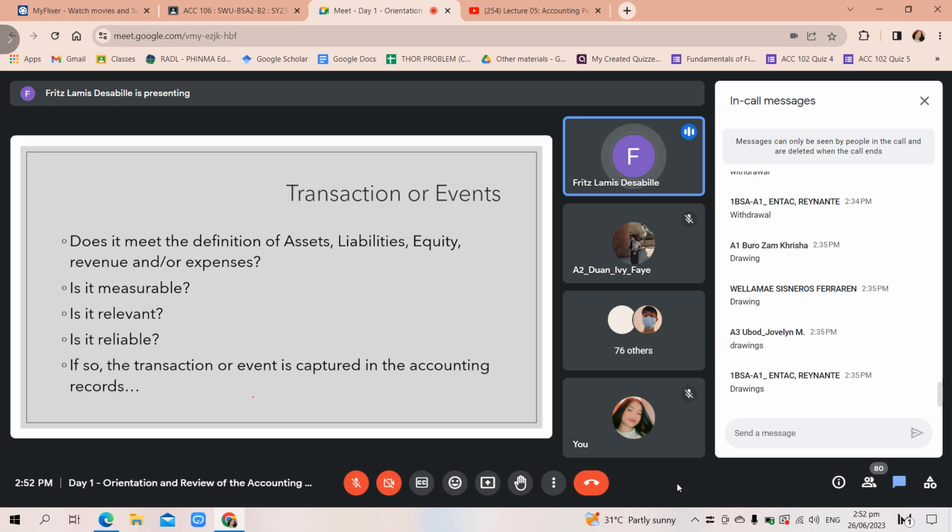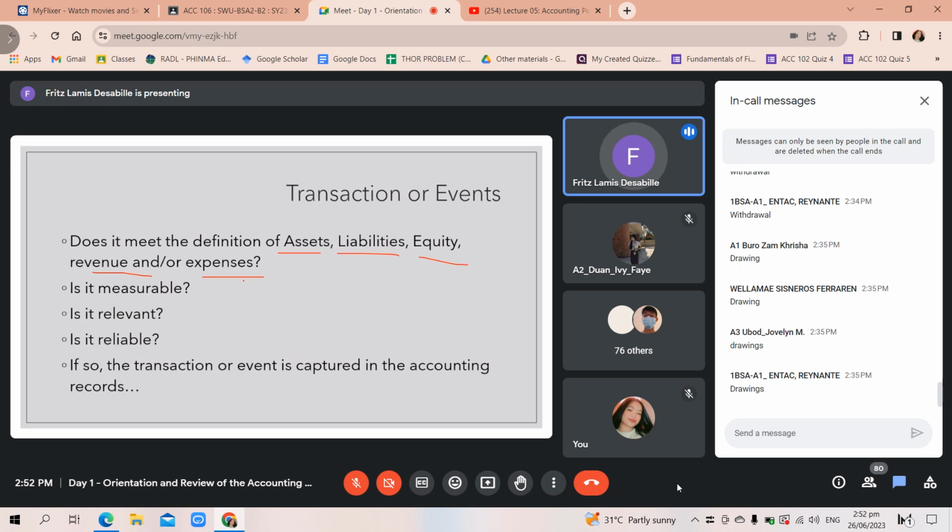So this slide talks about recordable events or transactions. The baseline for whether we make an entry, in the analysis phase, is whether a transaction fits into the definition of an element in the financial statements. First, does it meet the definition of an asset, a liability, equity, revenue, or expense?